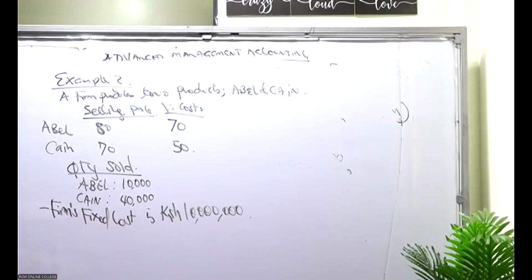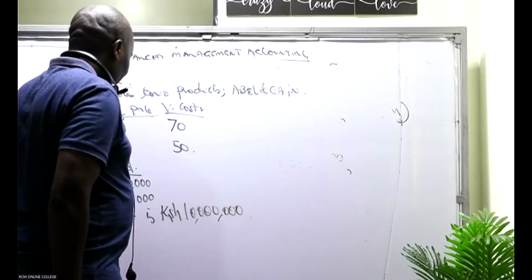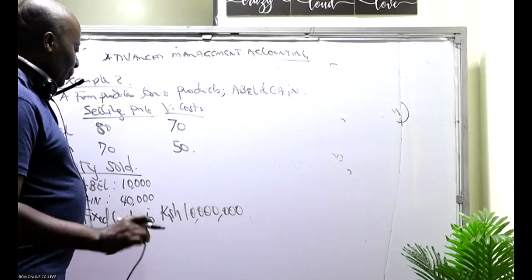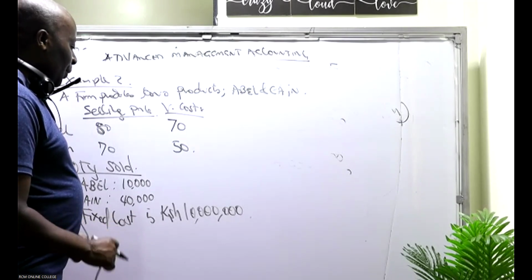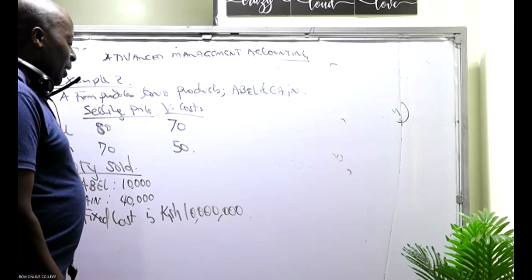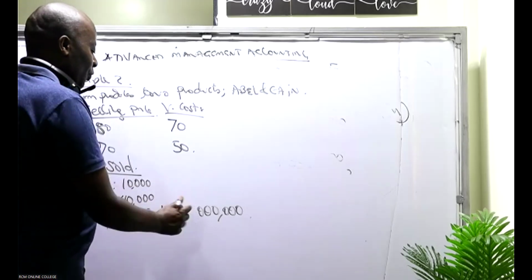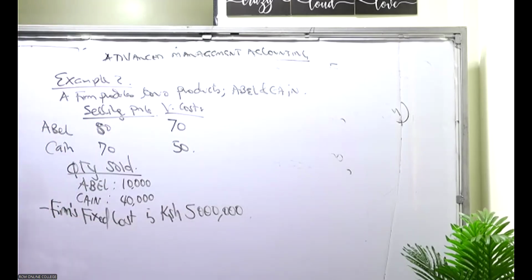And then we are required. No, this will not make lots of sense. Let's change this to 5 million. The farm's fixed cost is Kenya shillings 5 million.